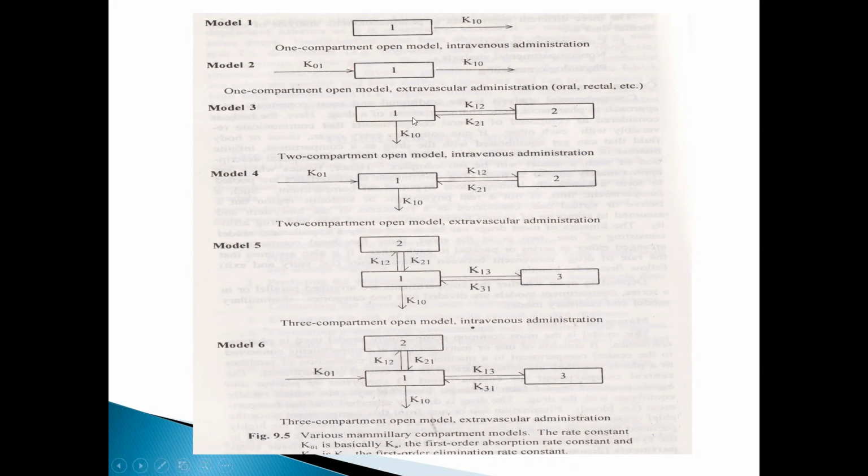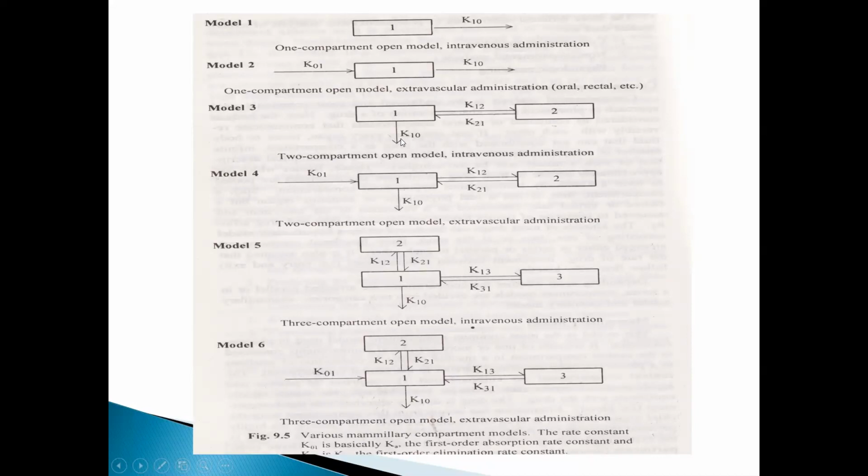Once you inject the drug into the blood, naturally it goes into the central compartment. Then it is distributed to the peripheral compartment. From the highly perfused tissues, the drug is distributed into the poorly perfused tissues. After equilibration, it goes from these poorly perfused tissues, the peripheral compartment, back into the central compartment. And from the central compartment, the drug gets eliminated.